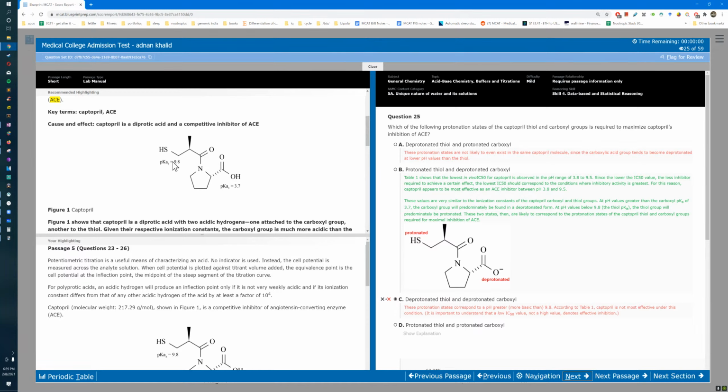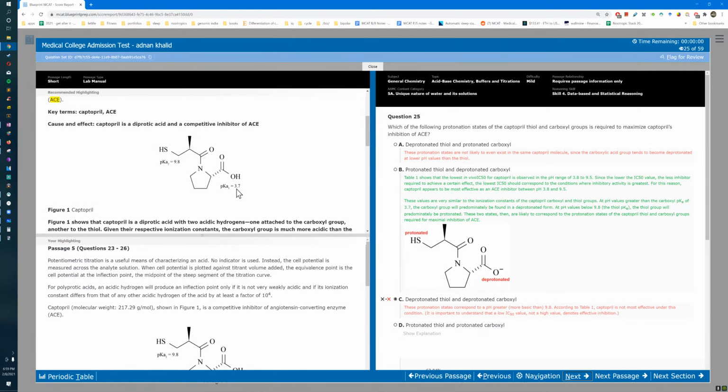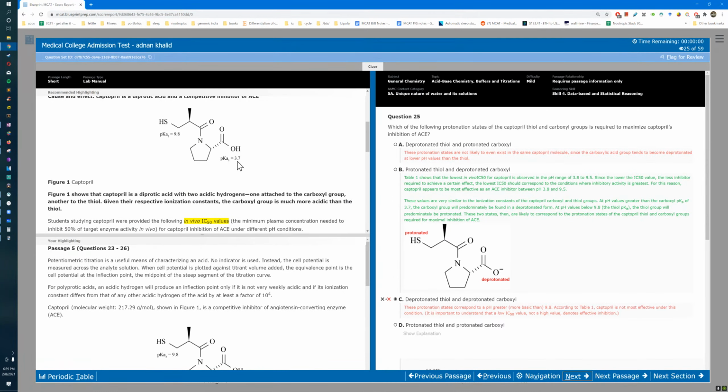So basically this should be, okay, so 3.8 to 9.5. So that means if this pKa is 3.7, at 3.8 it will be deprotonated, because it's going to be in an environment that's more basic, like 3.8 is more basic than 3.7.